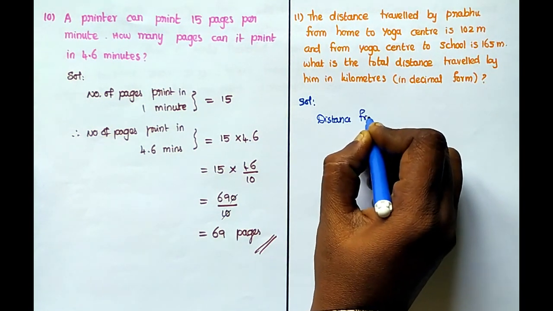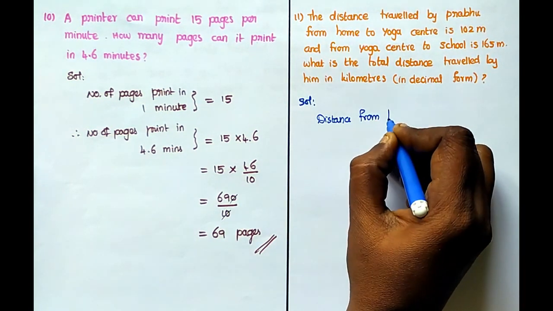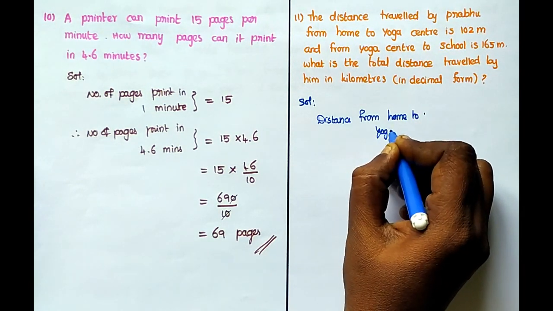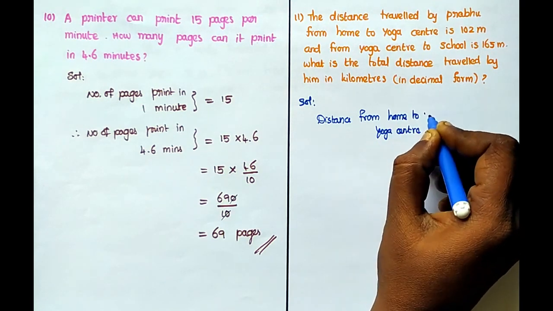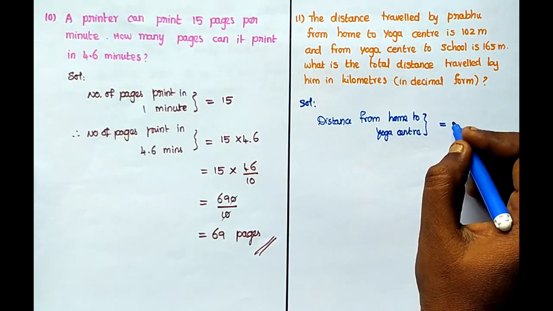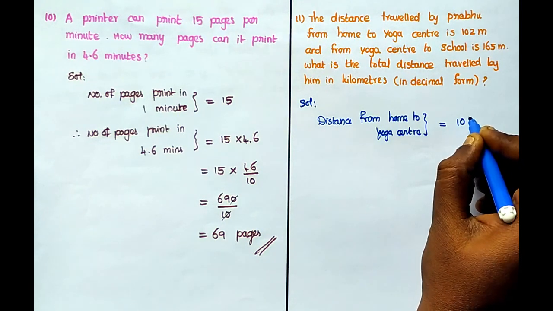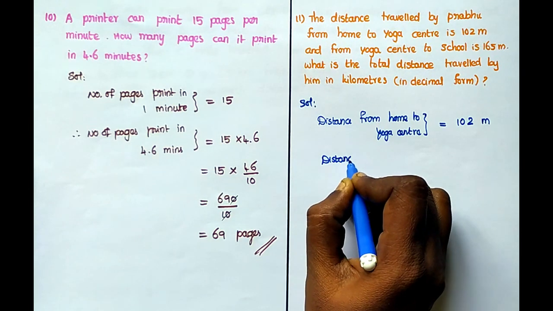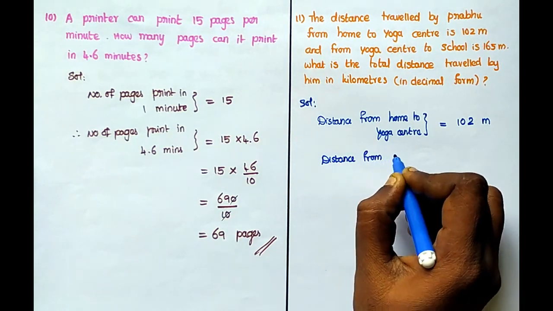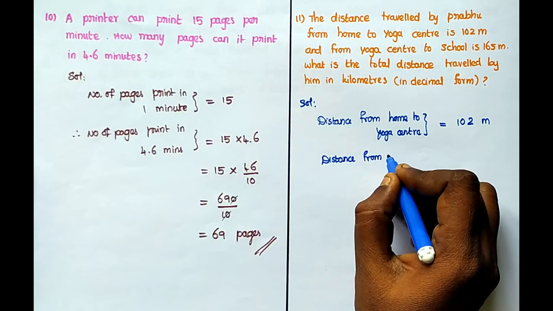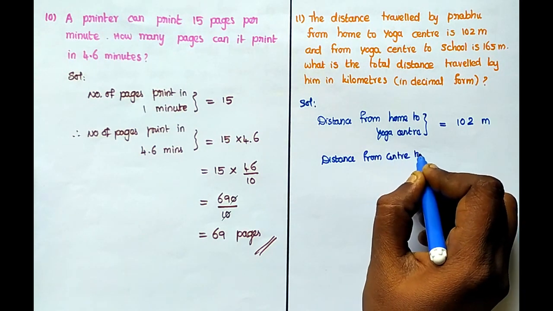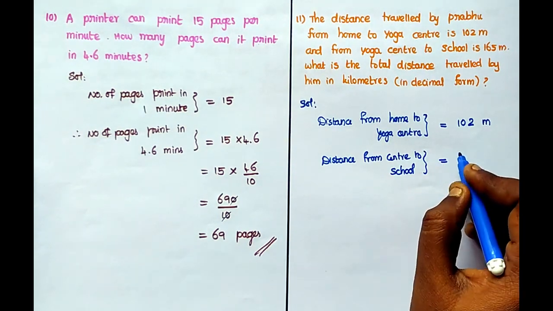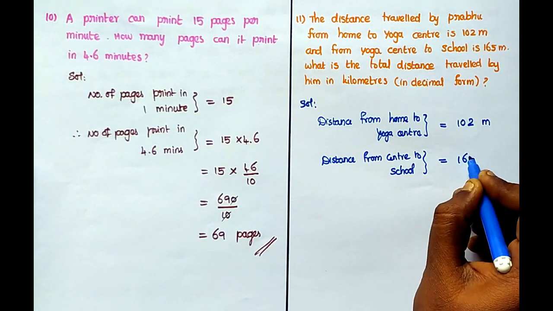Distance from home to yoga center is equal to 102 meter, and distance from yoga center to school, how much? 165 meter.